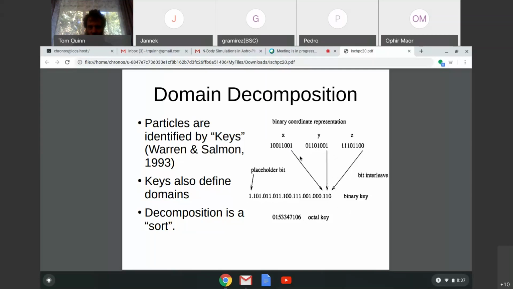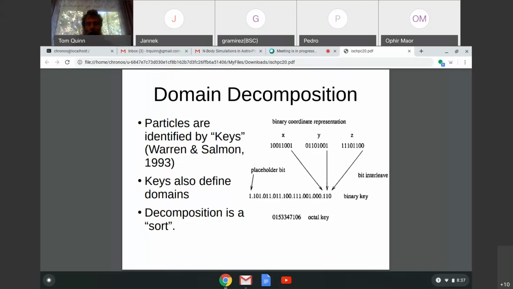And so you can do that with all the bits and turn these three numbers into a single number with the property that this binary key number, except for the placeholder bit, will basically, as it goes from 0 to 1, progress through the entire volume, going from the lower left-hand corner to the top right-hand corner of the cube.